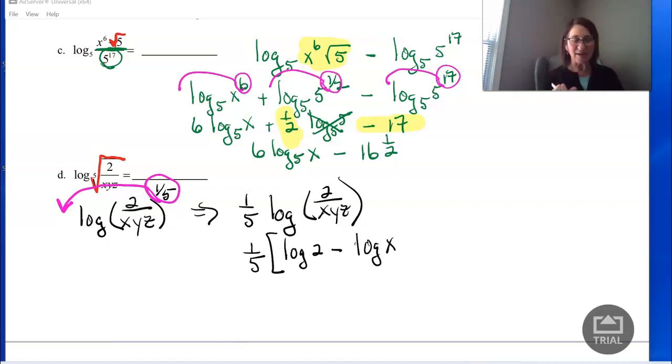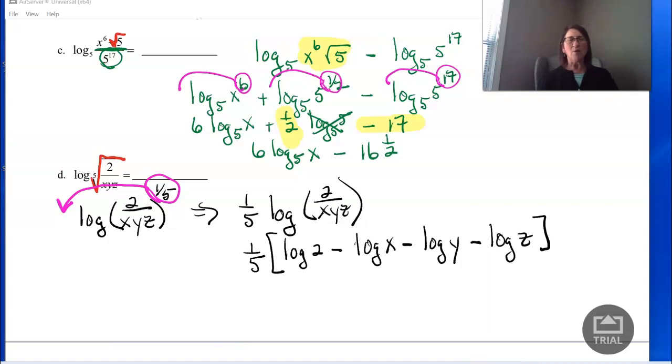Now watch this. For every factor that's in the denominator, I'm going to put a minus. So minus log y minus log z. Well, why in the heck did I do that? Let's do a little aside here. If I had log base 2 and I had my normal, let's subtract our denominator, that would be log of x, y, z.